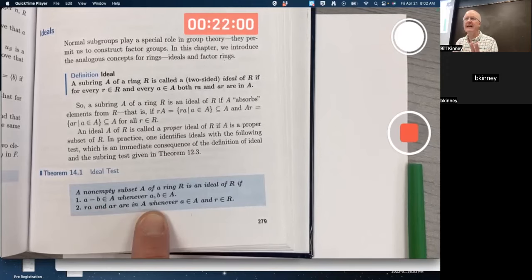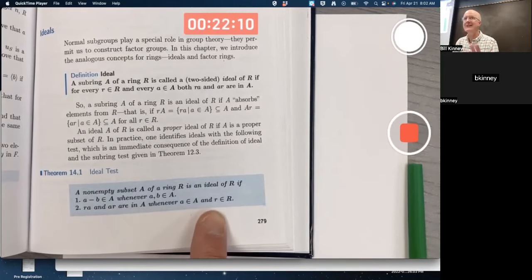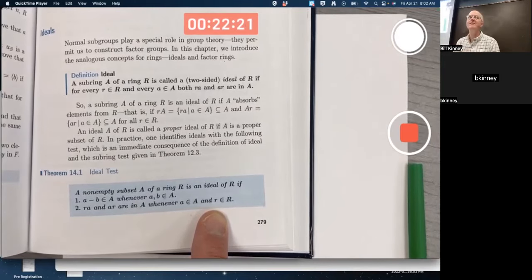And this second condition both verifies closure in the subring. A is a subring. That's like the subring test if r is actually in A. But if you only assume r is in capital R and possibly not in A, it is also enough to verify that it's an ideal that's super closed.